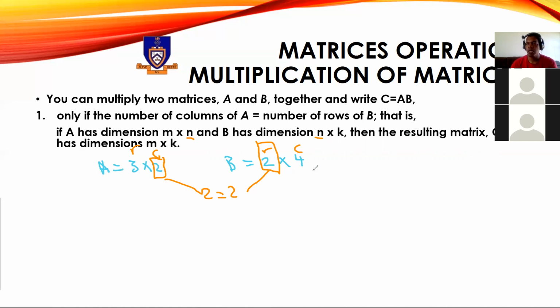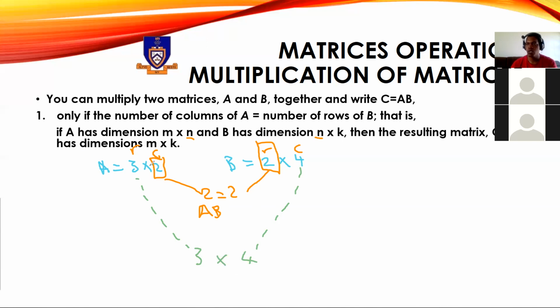Then it says our answer for A times B, which means we can have A times B, will have a dimension where this 3 will come down. It will be a 3 by 4, so our answer will be a 3 by 4.